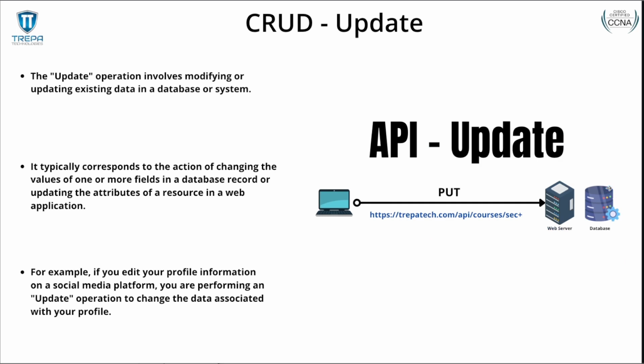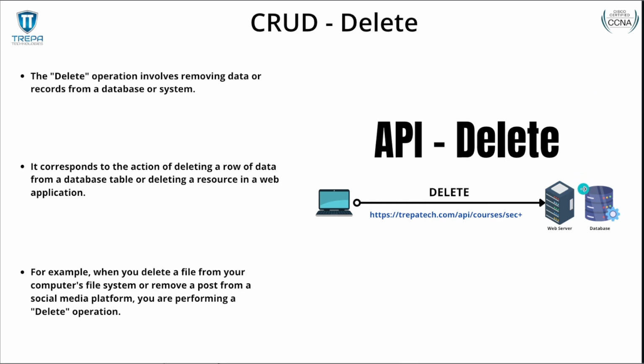Update. So the update operation involves modifying or updating existing data in a database system. That typically corresponds to the action of changing values in the database. And our REST or HTTP method for that is a PUT method. And then last but not least, the easy one is delete. The delete operation involves removing data or records from a database or system.